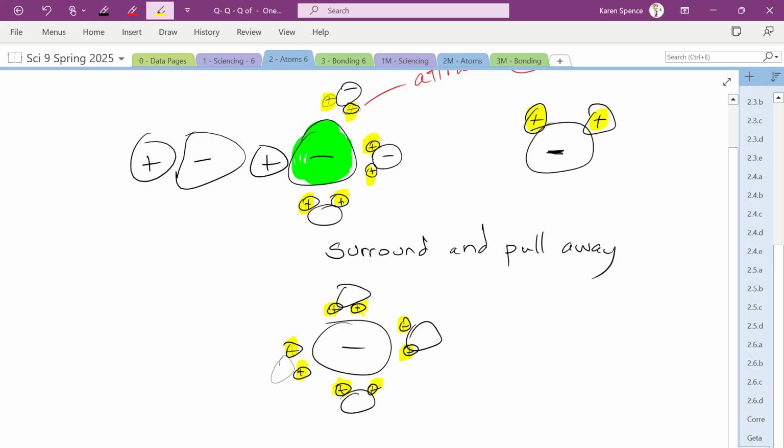What do you think happens over on the other side? What do you think happens over here? Tell your partner, what do you think happens over here? Anyone got any ideas?